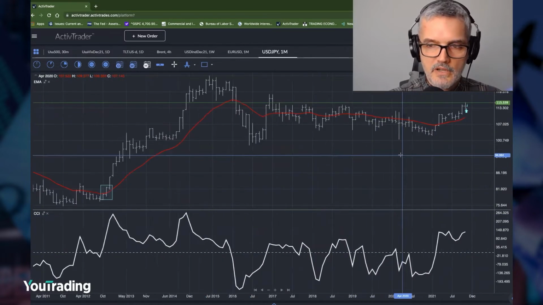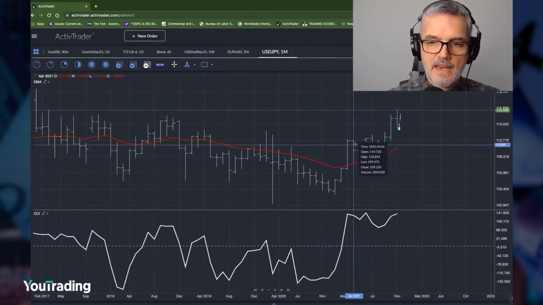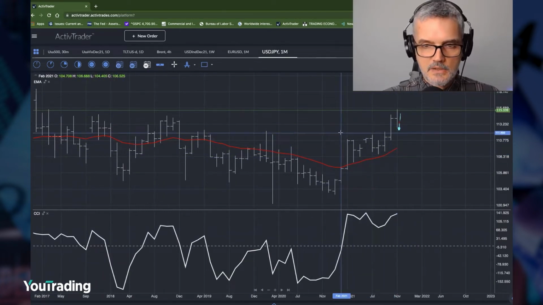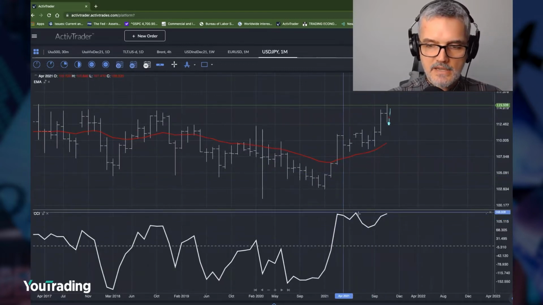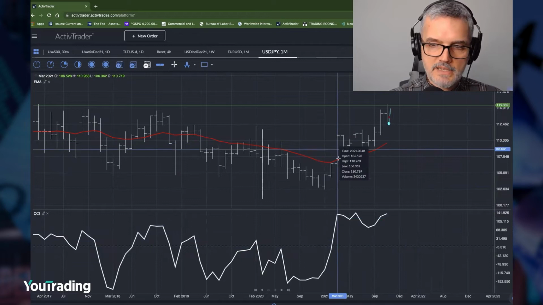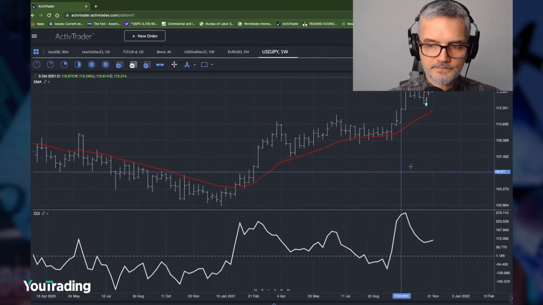So on a monthly chart, if I want to go long like we are at the moment, then price action leads the way in terms of getting in and out of a trade. But it's great when the CCI indicator is above the signal line, price is above this 20-period moving average, and everything's looking like it wants to go higher. Go to the weekly.